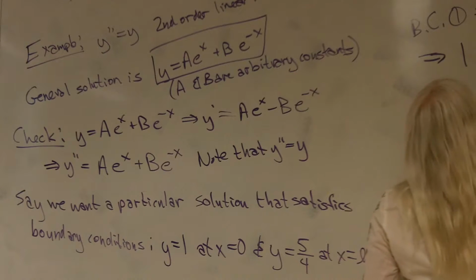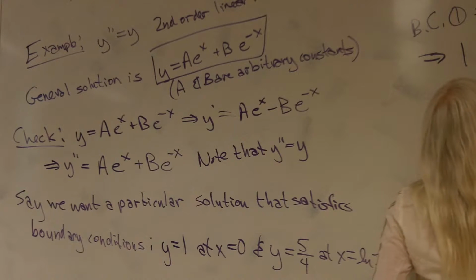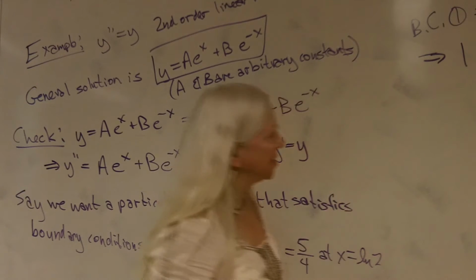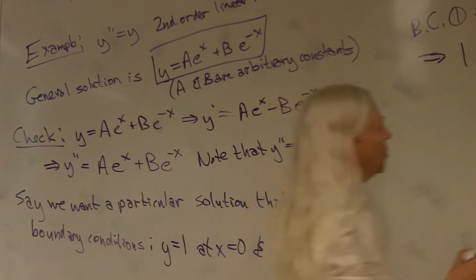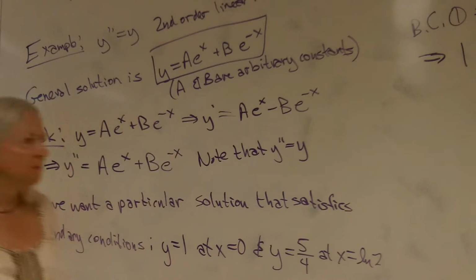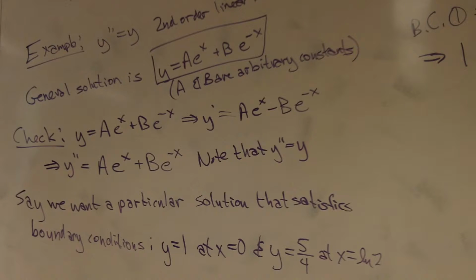On the right-hand side, that'll be a times e to the 0 plus b times e to the minus 0. Well, e to the 0 and e to the minus 0 are both 1, so this is just a plus b. Or in other words, b is equal to 1 minus a. So if I can find a, which I'll do from the second boundary condition, I can then use that equation to find b.